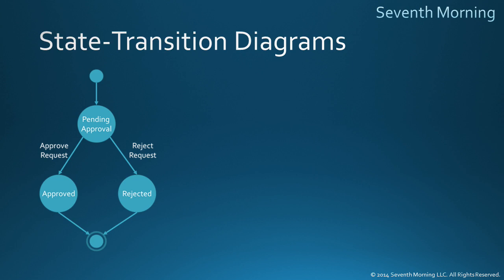And the same thing goes for if something is rejected, it can't be turned around and approved later. So this shows that either approving or rejecting something is a one-time thing that cannot be undone for any given request.